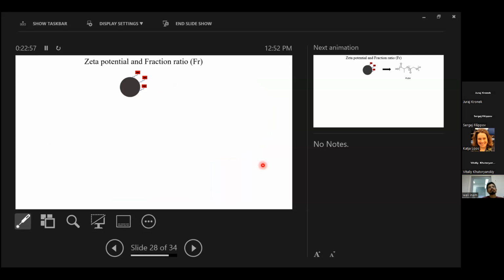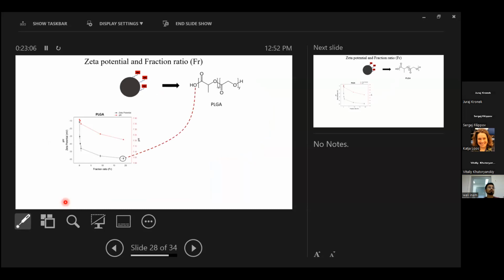Again, we did the same experiment for the PLGA, and in the PLGA we again observed a huge shift. This shift couldn't happen only because of the buffer concentration, because the buffer concentration was changed only slightly, probably 20 millimolar. At a higher fraction ratio, because of the hydroxyl groups, we have close to minus 60 millivolt, and at the lower one we get a zeta potential of around 47.3 millivolt.